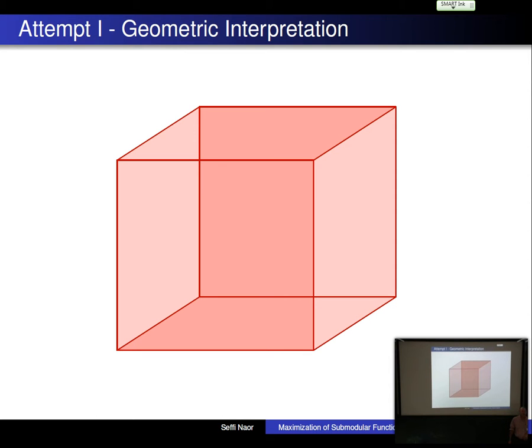So is the greedy value good for symmetric submodular functions? Pardon? Symmetric functions are much easier. A half was known before our result. What is the algorithm? It's just a random set that gives a half. Okay.